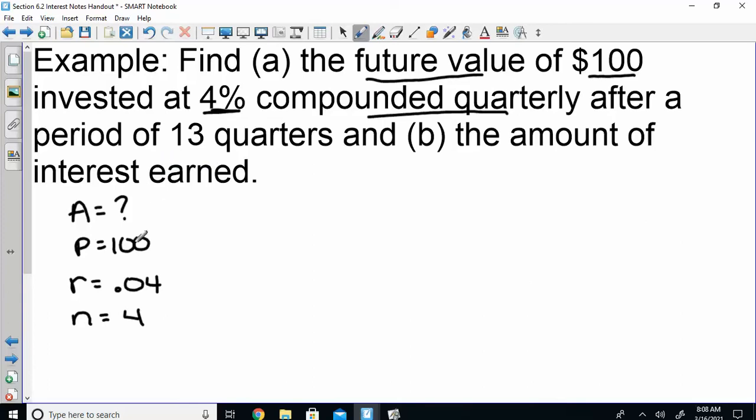After a period of 13 quarters, okay, be very careful. This is telling me my time. But time has to be measured in years. So 13 quarters, how would I translate that into years?